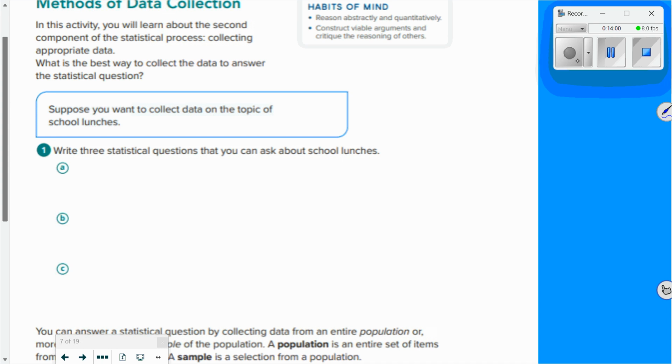How many people eat school lunch daily? Do you think the same number of people eat school lunch every day? No, because somebody might be here on Monday, but they're not here on Tuesday. So are they going to have the same number? No, so that is a statistical question.